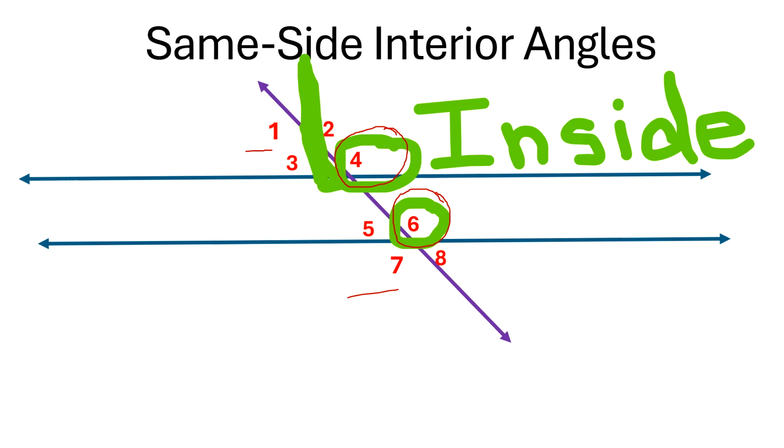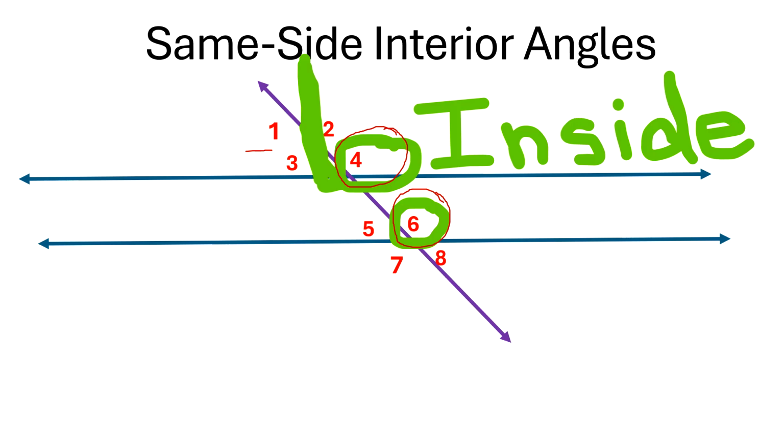Now it's 4 and 6. And a lot of people want to call these verticals because they forget that when you do a vertical, you have to have this other line here. And so that would be 2, and let's say, I guess 9 would be the next angle. So 2 and 9 would be verticals because you have another transversal cutting through it. But here you don't. So guess what?